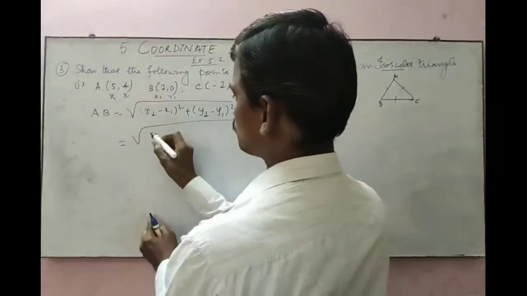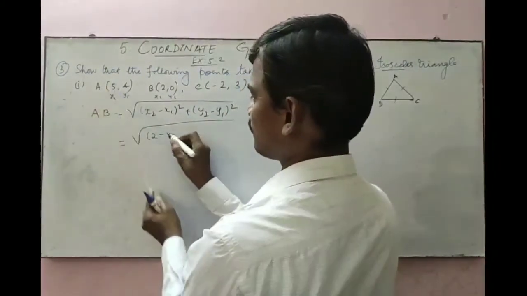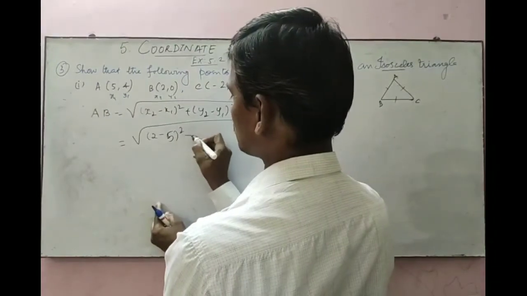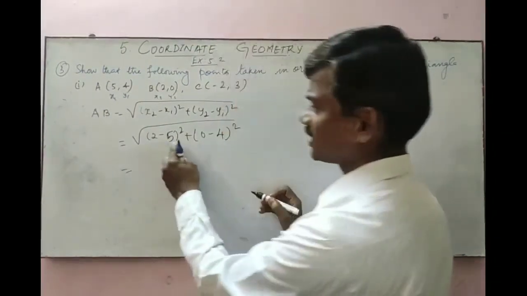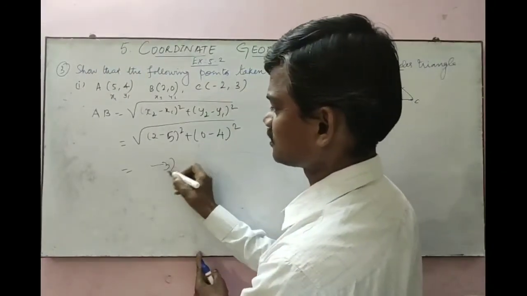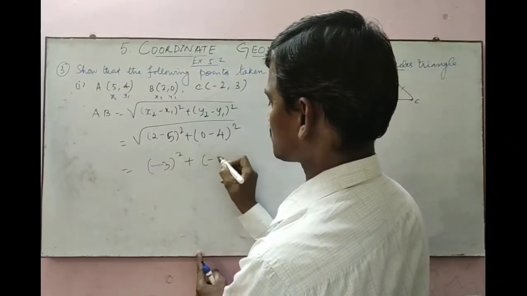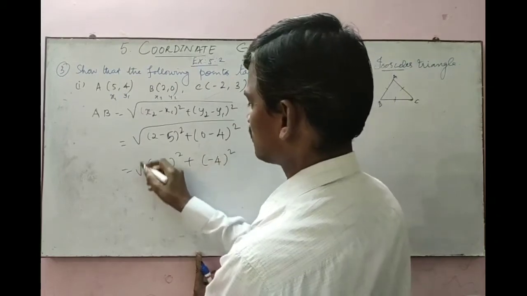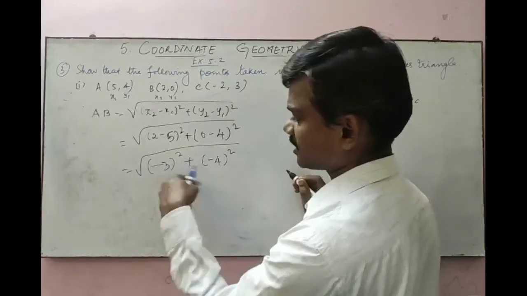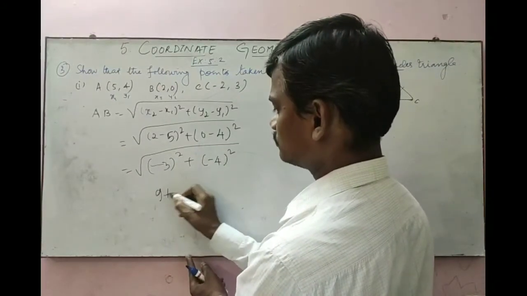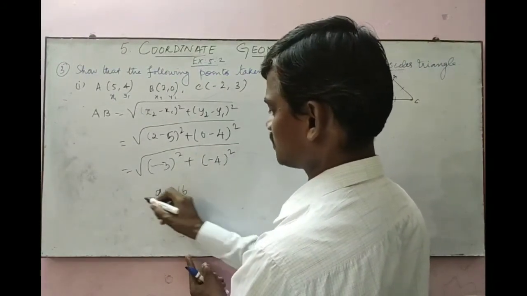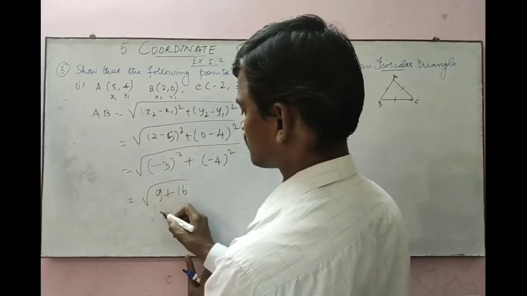Here x2 is 2, 2 minus 5 whole square plus 0 minus 4 whole square. 2 minus 5 gives minus 3 whole square plus minus 4 whole square. When you are squaring the negative number, it becomes positive. So minus 3 square becomes plus 9, 4 square becomes 16. If you add those two values, you will get 25.